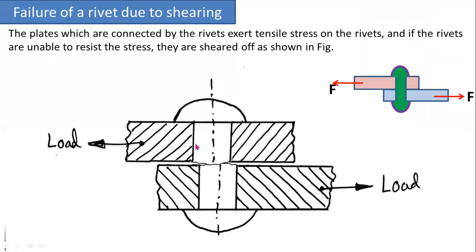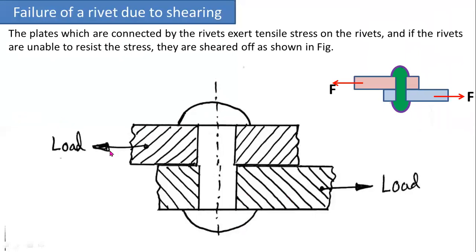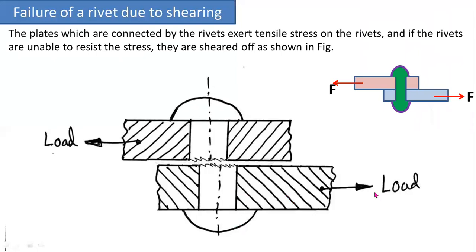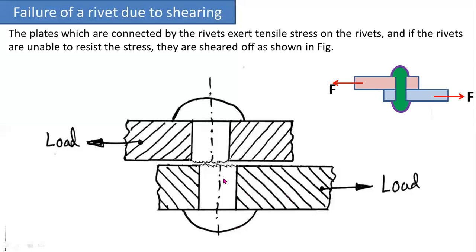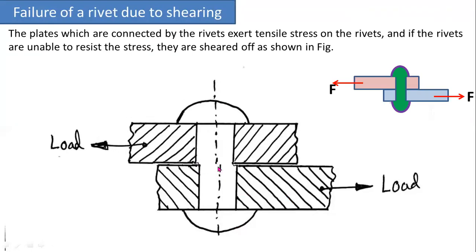They are shown in the figure. Here I am applying two equal and opposite loads on the plates. When we are applying the loads, then the rivet may fail due to shearing of the rivet.